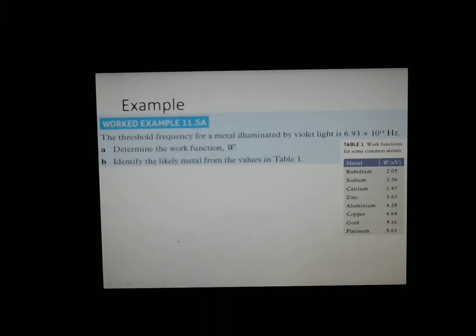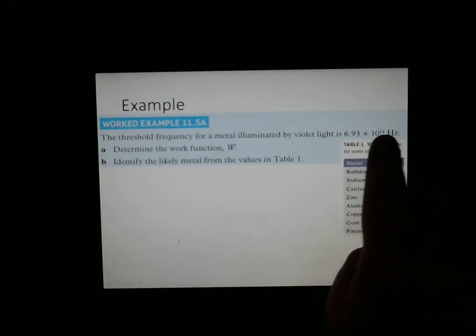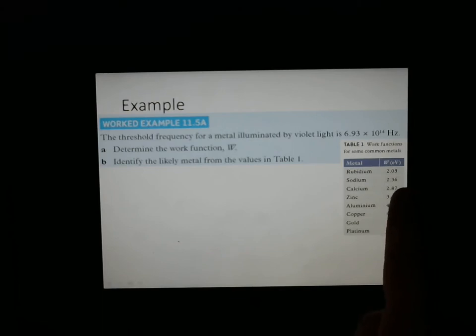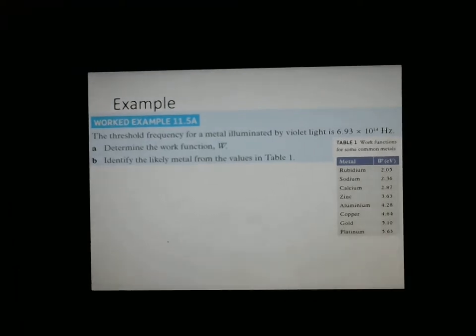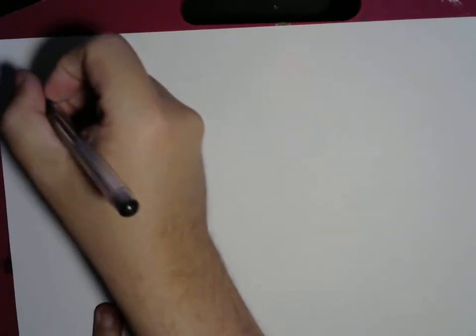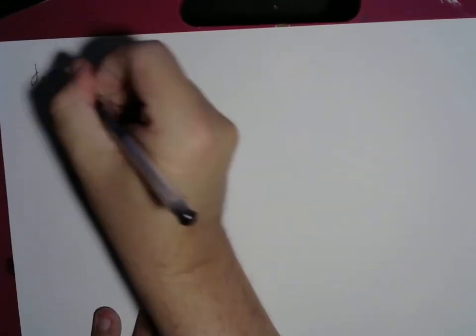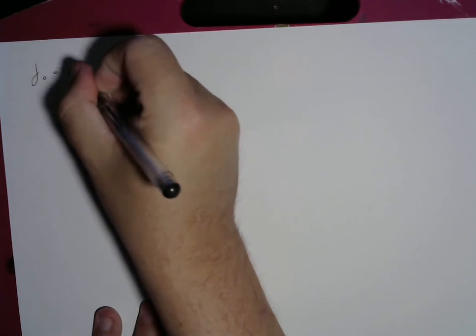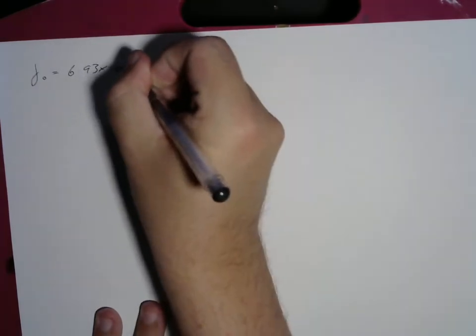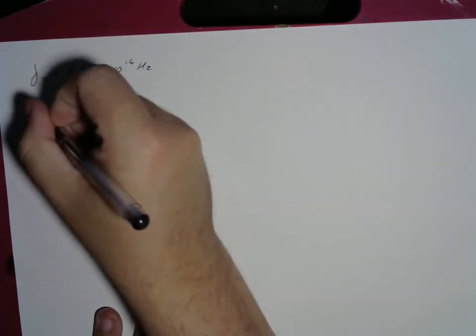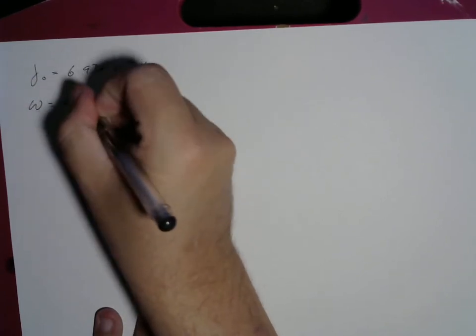So we have here our threshold frequency in hertz. We're going to need the work function, and then we're going to need to convert it into electron volts so that we can match against the table there. So let's get that out of the way. We're told f naught is 6.93 times 10 to the 14 hertz, and we know the work function equals hf naught.